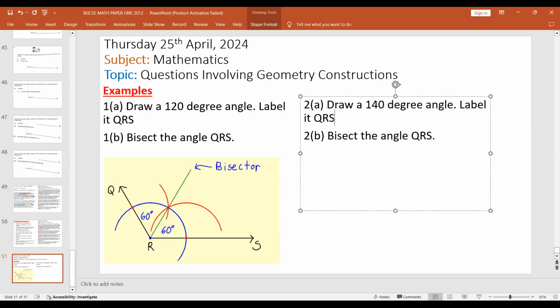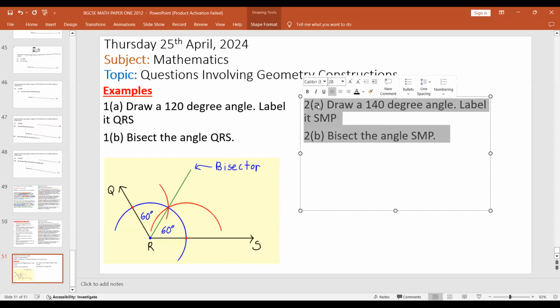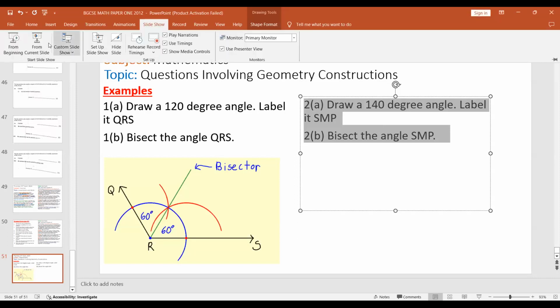Yes, sir. Okay. So number 2 says draw a 140-degree angle and label it SMP. And then we want to bisect the angle SMP. By the way, let me put this inside the chat for those persons who are still working on it before we move on.